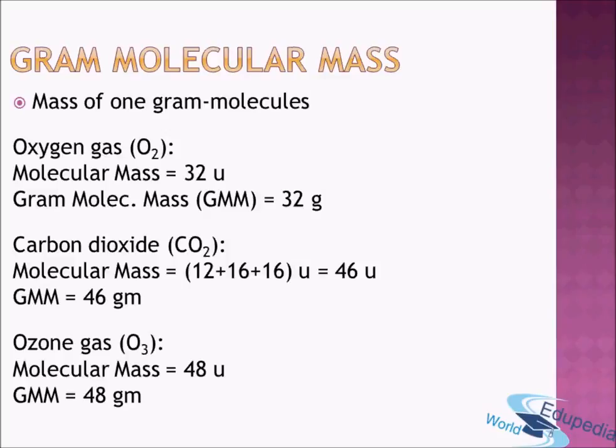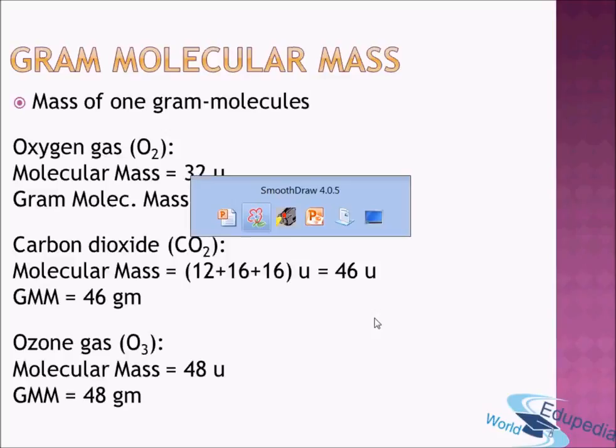But at many places, to make that more clear, they write the unit of gram atomic or gram molecular mass as gram per mole. For example, for the oxygen atom, you say the gram atomic mass of oxygen is 16 gram per mole. Why? Just to be clear that you are actually talking about 1 mole of atoms.